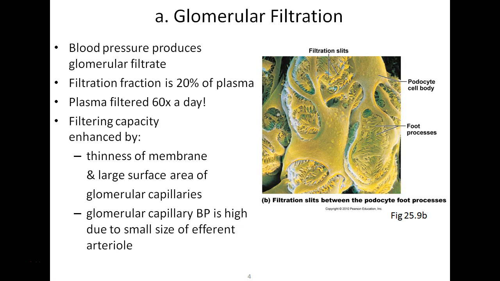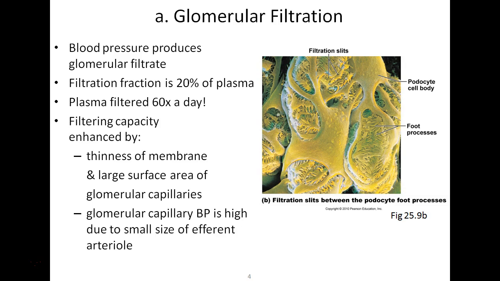As we can see on the right, we recall from last time that the glomerulus is covered in podocytes, and we also have these filtration slits as well, and that's going to prevent the movement of large molecules. So this filtering can be enhanced by how thin the membrane is, or the surface area as well.